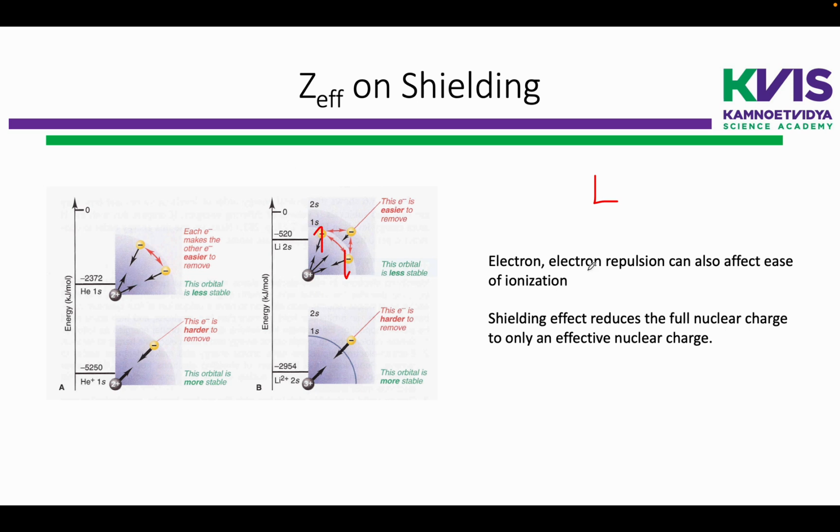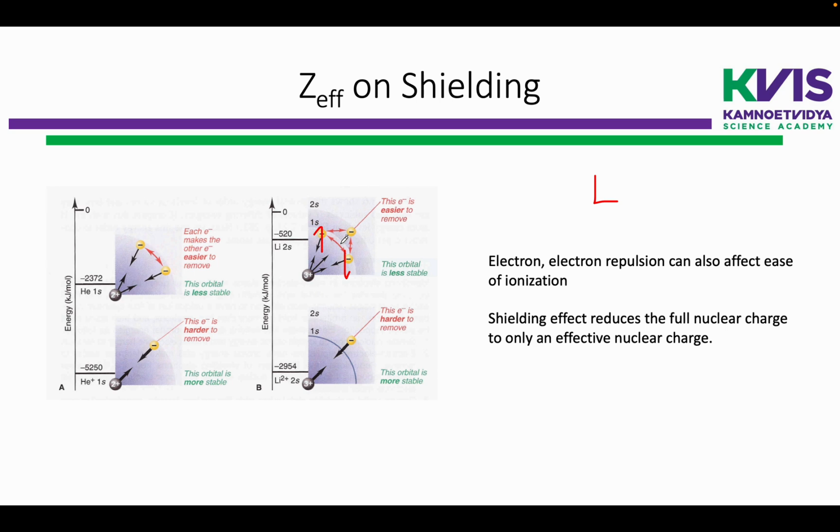This is called shielding, which means this electron will be easier to remove than the other electron. The other electron will be more difficult to remove because it's feeling the full force of the nuclear charge, relative to an electron which is experiencing shielding from the inner core orbitals.